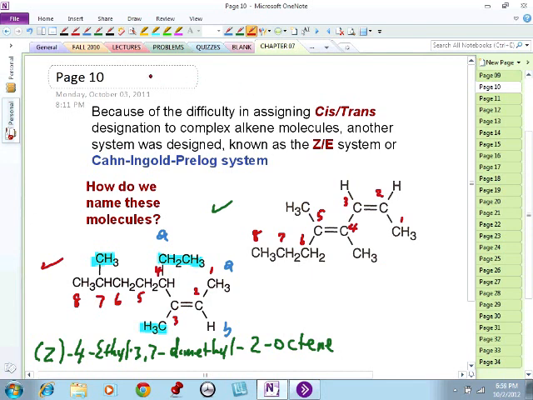So what do we do to name this? I will focus on this carbon-carbon double bond. Based on this carbon here, what is A? This is A, and this is B. And based on this carbon here, let's focus on one carbon-carbon double bond at a time. Based on this carbon here, what is A?